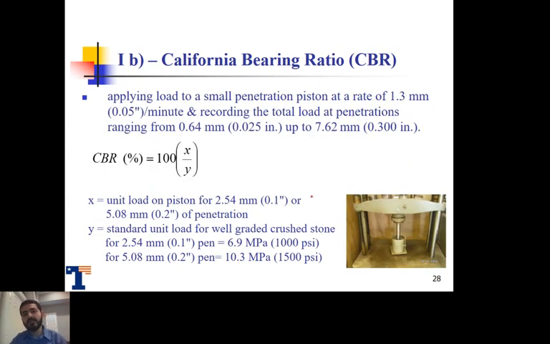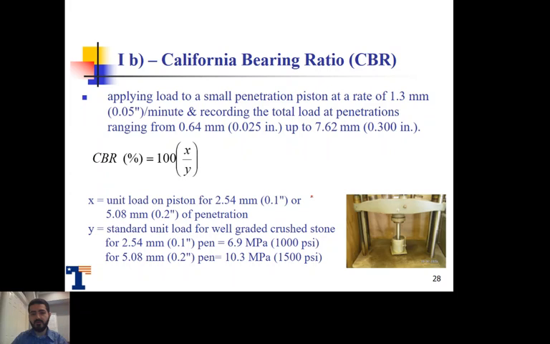So basically the test is done by applying a load to a small penetration piston, and the rate we apply on this sample is 1.3 millimeter, which is 0.05 inches per minute, and we keep recording the total load at penetration ranges from 0.025 inches all the way to 0.3 inches.